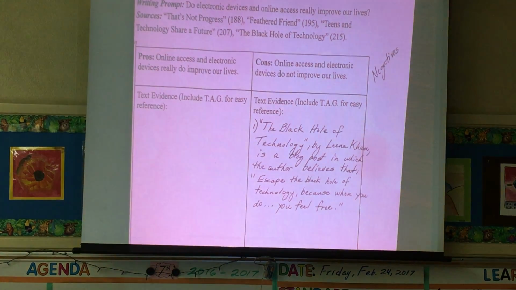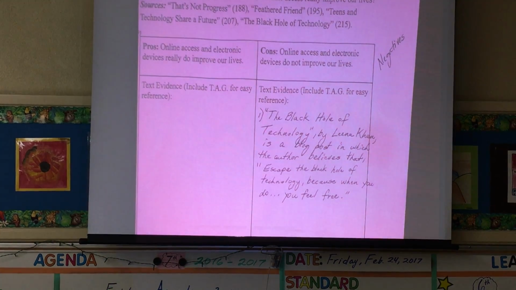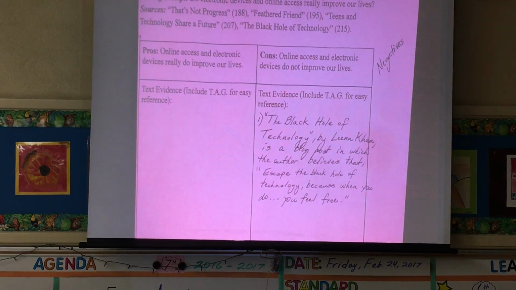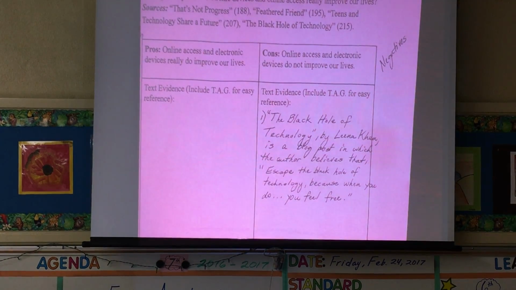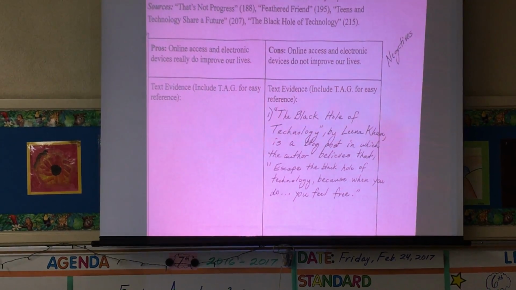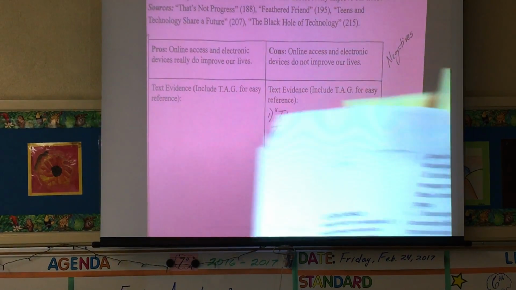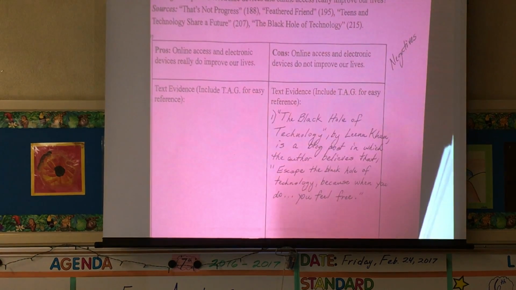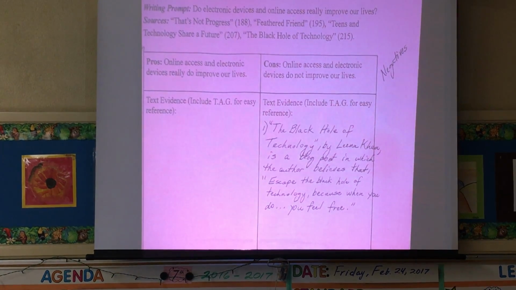By Lina Khan is a blog post in which the author believes that we should escape the black hole of technology because when you do, you feel free. And so I'm going to start looking for evidence, if she has any expert opinions about that, or reasons for that.